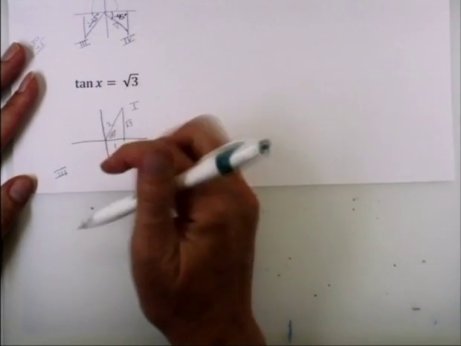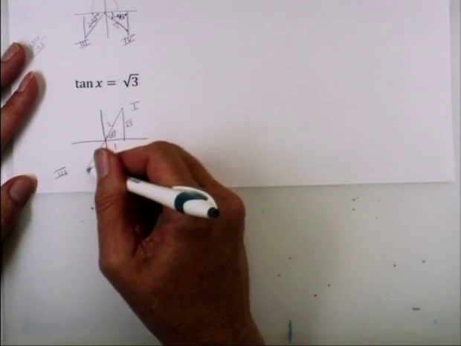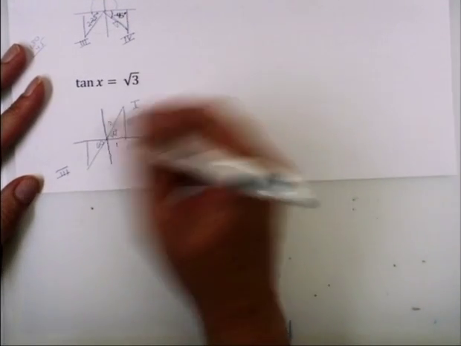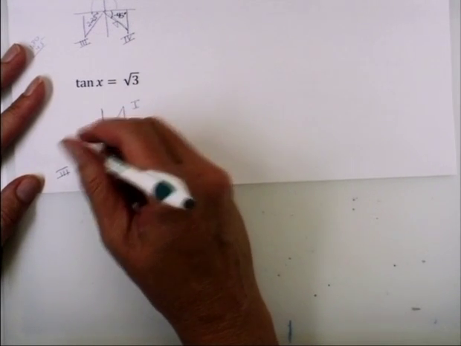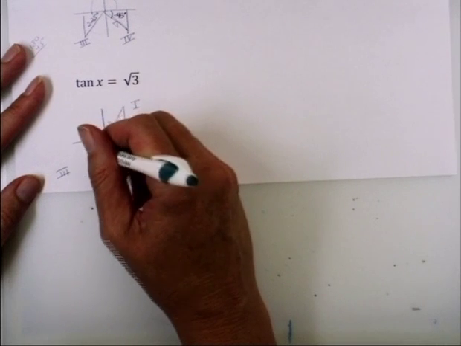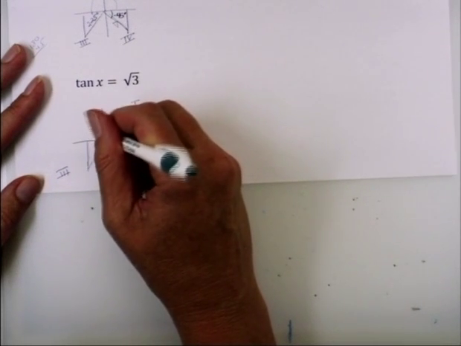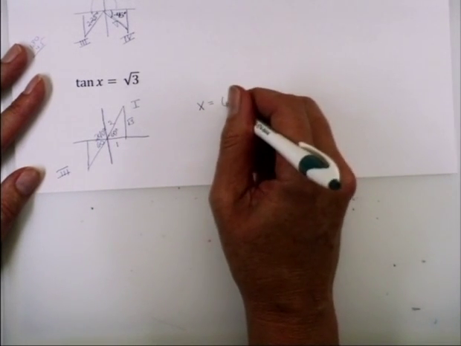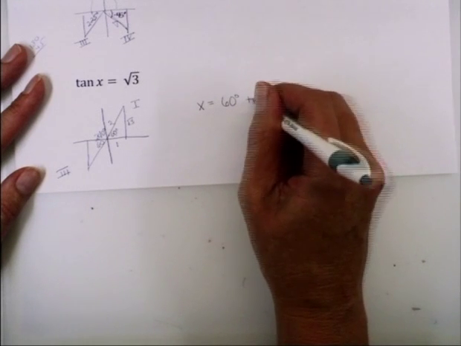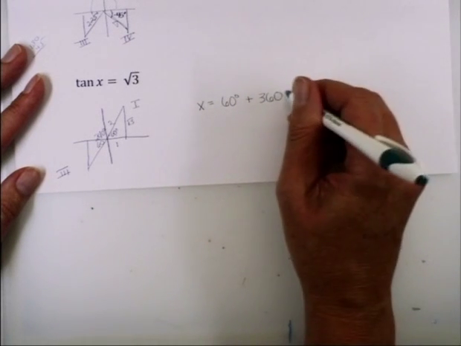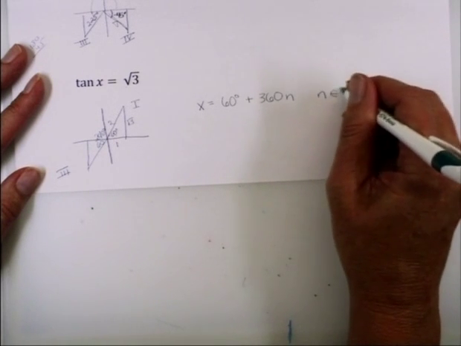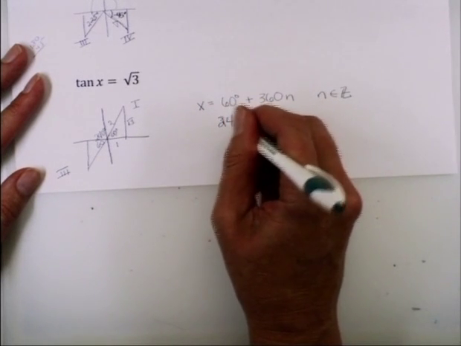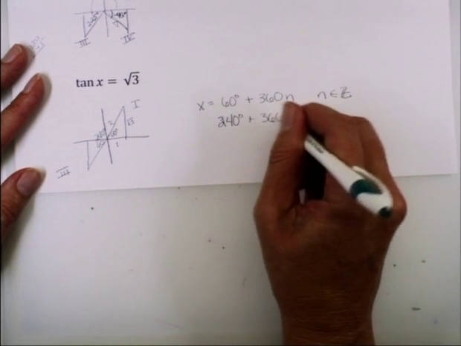So I have a 60-degree angle, and then I also have the 60-degree angle down here in quadrant 3, which would be 240 degrees. 180 plus 60 makes it 240 degrees. So my solution to this one is going to be that x can equal 60 degrees plus 360 n, where n is an element of the integers, or it can be 240 degrees plus the 360.